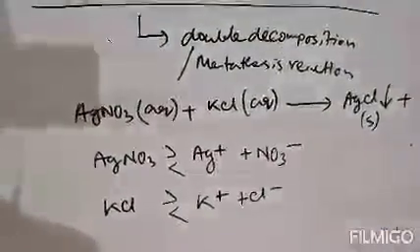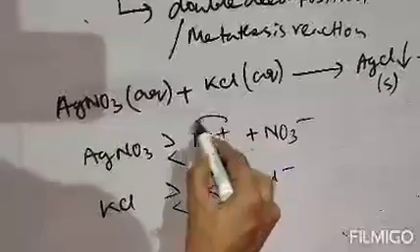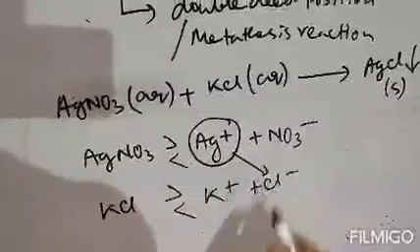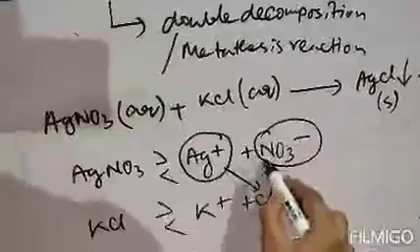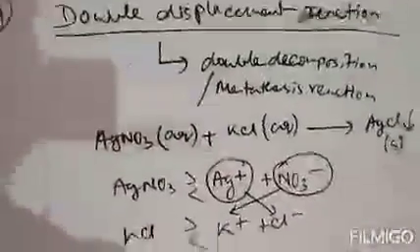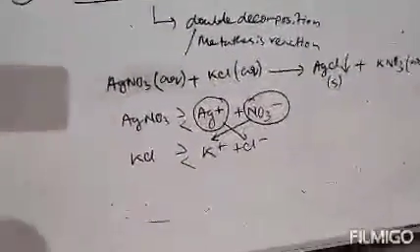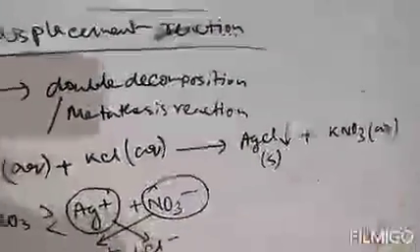Now Ag plus will take Cl minus, and NO3 minus will take K plus. The product will be AgCl and KNO3.